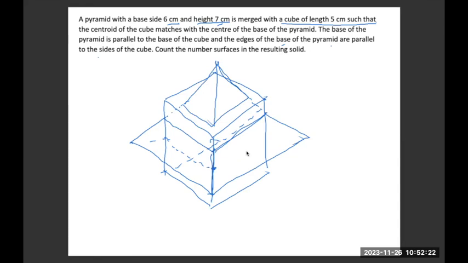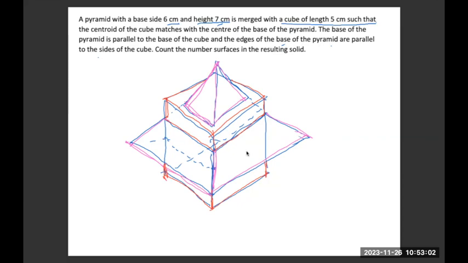The cube part is this much, and the pyramid is in this much part. Yes, this is how it will be.